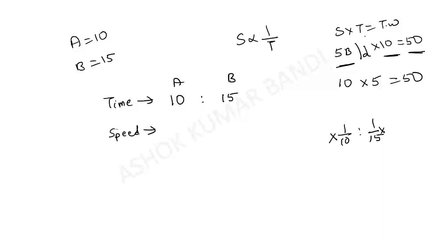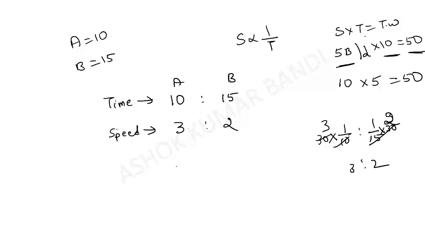That means I'm going to multiply both of them by 30. This is 3 times, and this is 2 times. That is 3 is to 2. That means 1 by 10 is to 1 by 15 is the same as 3 is to 2. Remember, multiplying or dividing the ratio by the same number is not going to affect the value of the ratio.